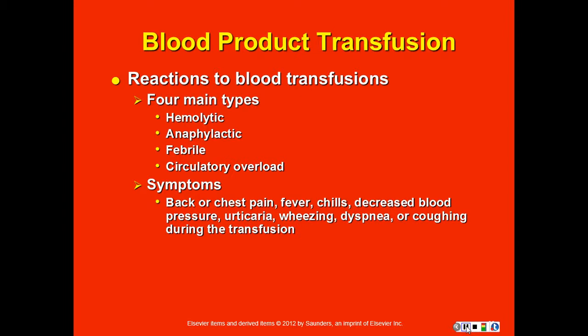Signs and symptoms of a blood product transfusion reaction: they have back pain, fever, chills, they may have chest pain, blood pressure drops, they have urticaria, which is the itching, rash, wheezing, dyspnea, coughing, those kinds of things.